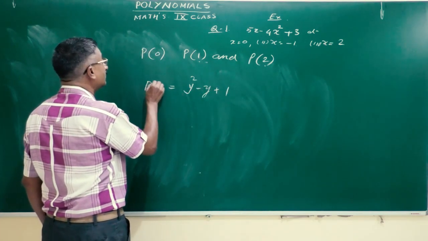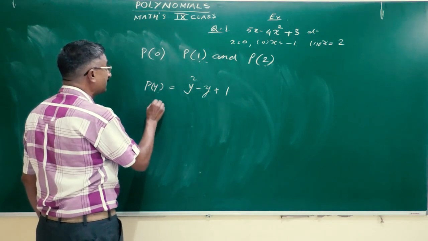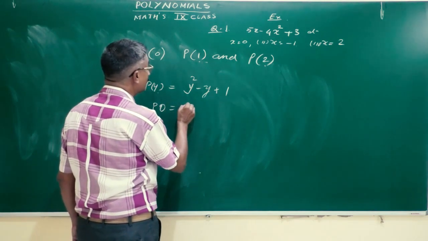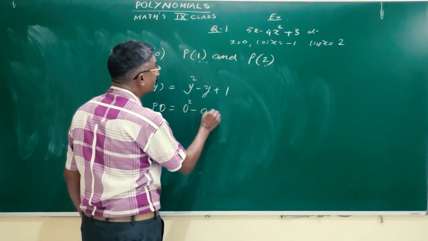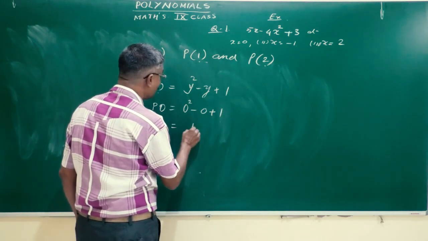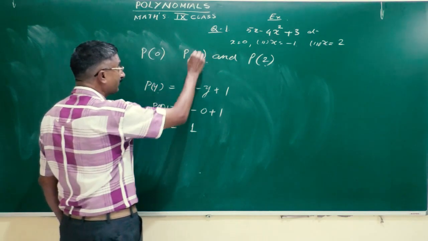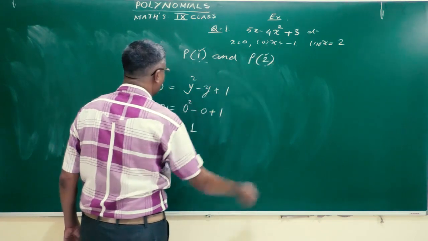So we can say P0 is equal to 0 square minus 0 plus 1. So this is equal to 1. So p of 0 is 1.